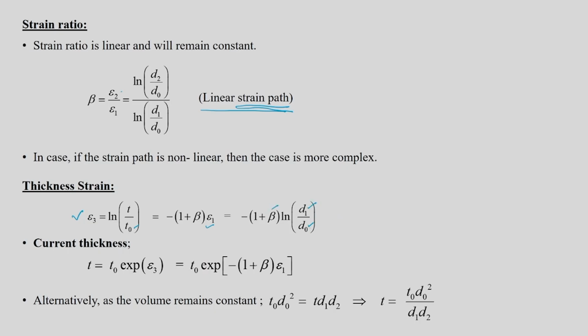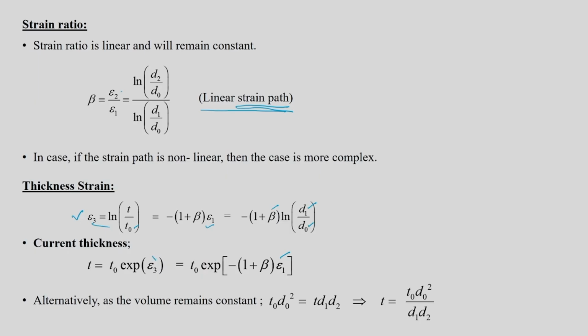Beta is fixed, so you can substitute it and you will get epsilon 3. And from epsilon 3 you can get the current thickness, which is t naught exponential epsilon 3, or t naught exponential minus of 1 plus beta into epsilon 1. So epsilon 3 you can substitute here.